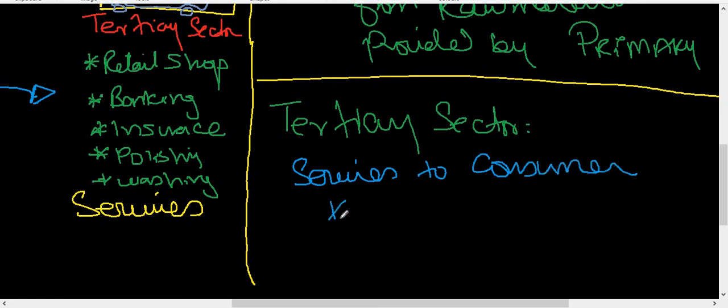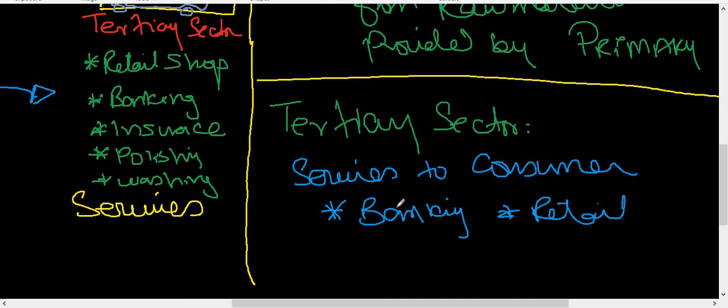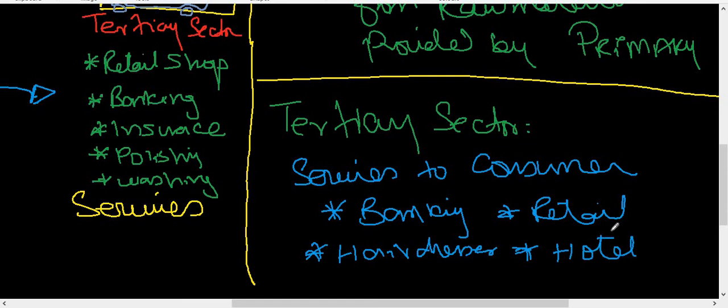And what are these services? They can be banking, retail, hairdresser. These are all services. They're not products, by the way. Hotels, a hotel provides you a service. They don't give away the hotel room. It's just a service, a good hospitality you get.